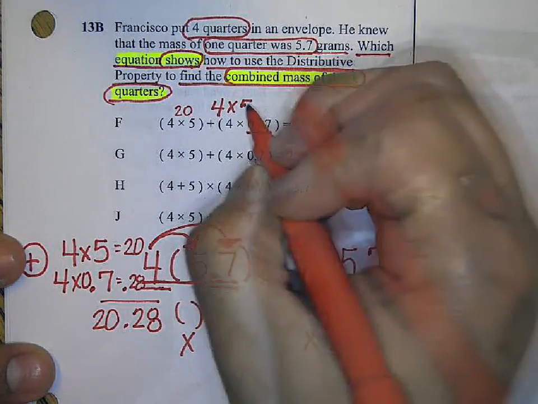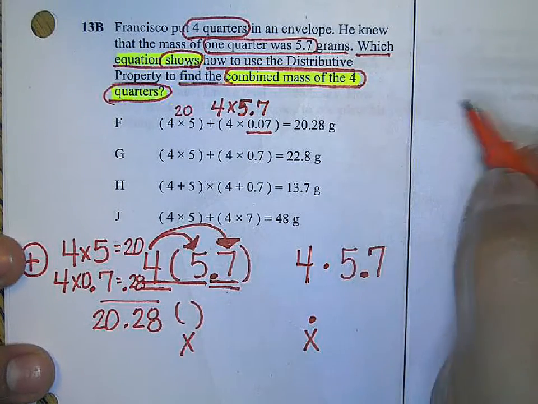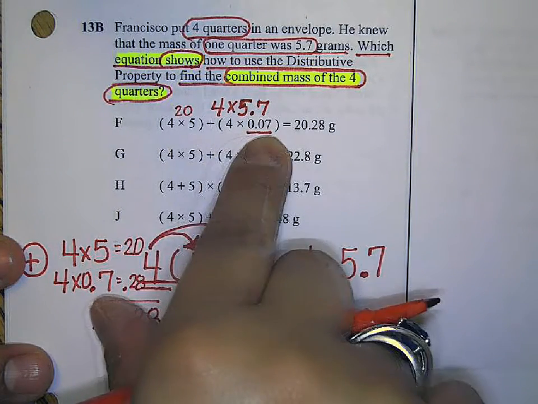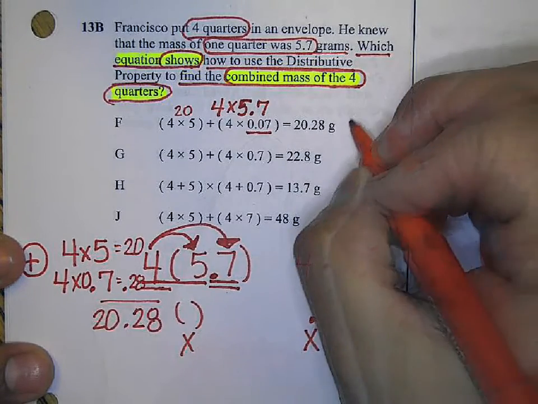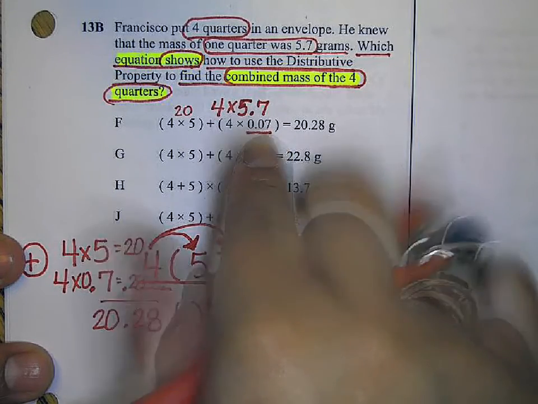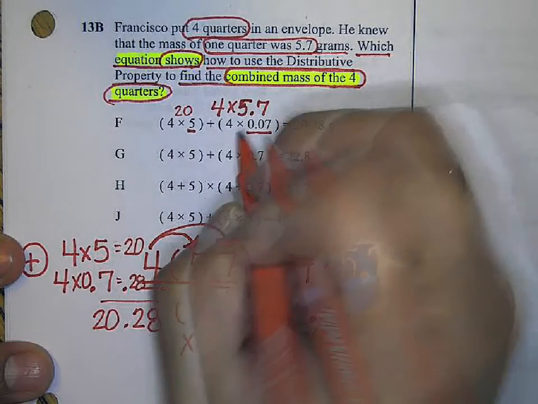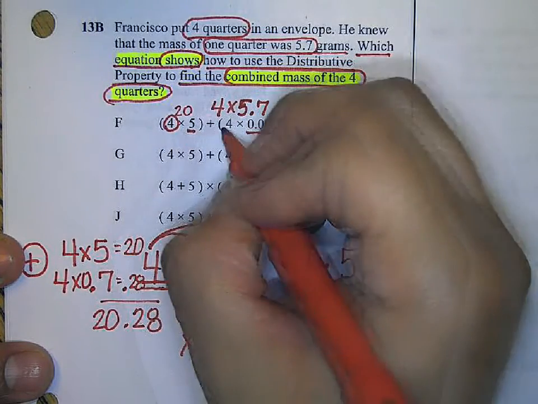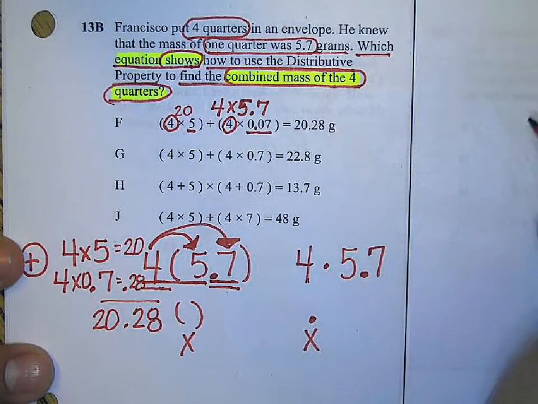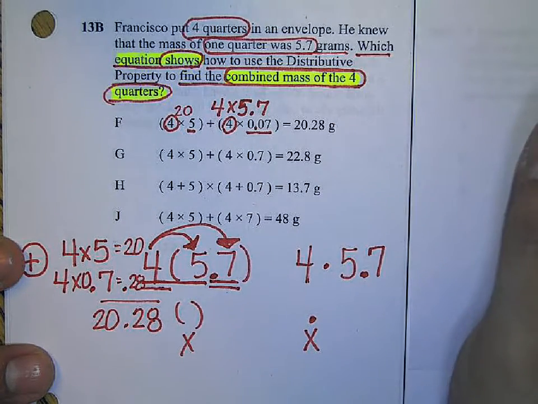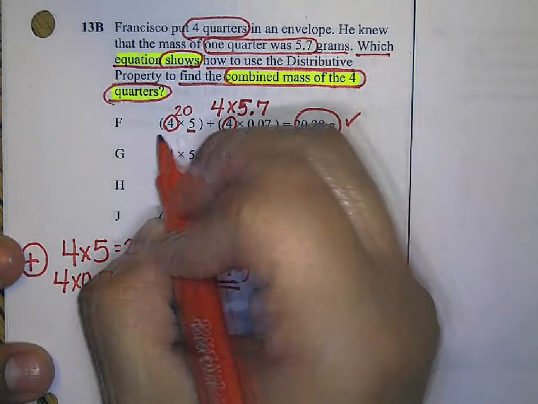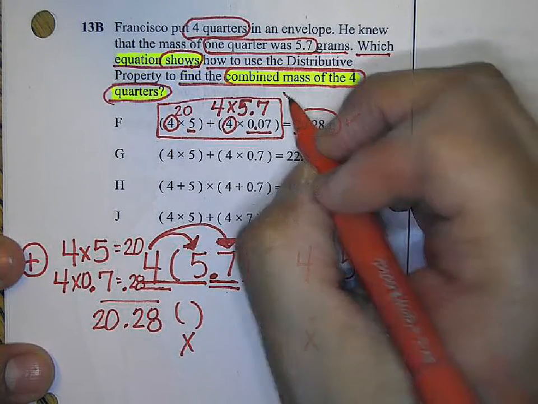I was going to take the 4 times 5.7. This says that I'm doing 4 times 5.07. Because if I distribute this, there's my 4, times 5.07. Is that what we were multiplying though? No. No. The answer is correct, but the equation, the expression, is not.